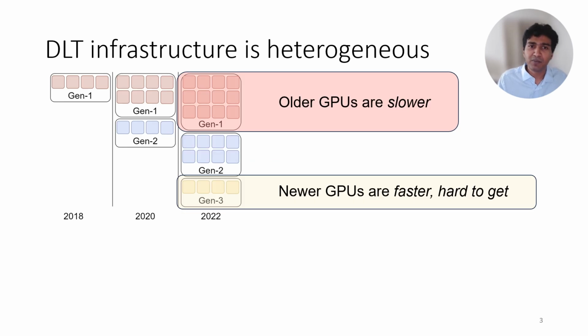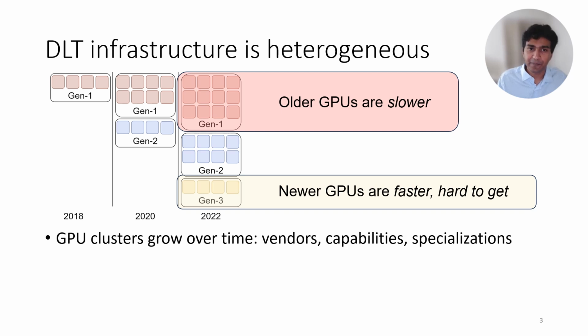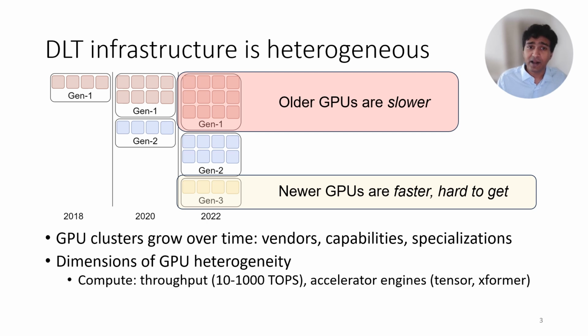As GPUs become more efficient and as deep learning scenarios evolve, newer models often demand more compute and newer GPUs are incrementally deployed into deep learning clusters, making the GPU resources more heterogeneous over time. GPU resources can also be heterogeneous in many dimensions. Newer GPUs provide higher throughputs and can also incorporate accelerator engines to speed up tensor and transformer computation.